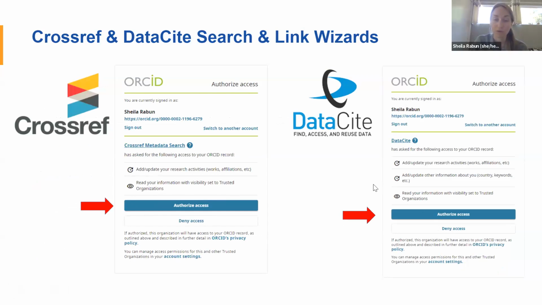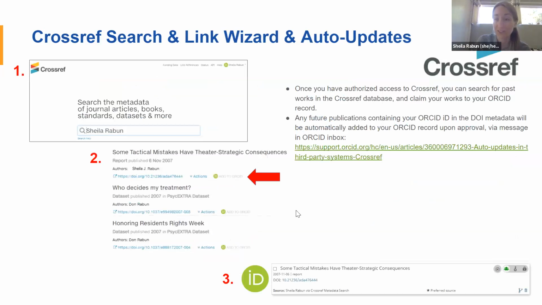So in this workflow, not only is the author authorizing access to connect their ORCID ID with the publication, but they can do it within their ORCID record so that Crossref and DataCite can have permission to add things to their ORCID record too, if their ORCID ID is included in the DOI metadata. We're going to look at Crossref first, because that's the most common one for these mainstream publishing workflows.